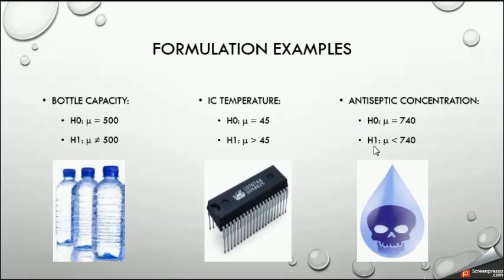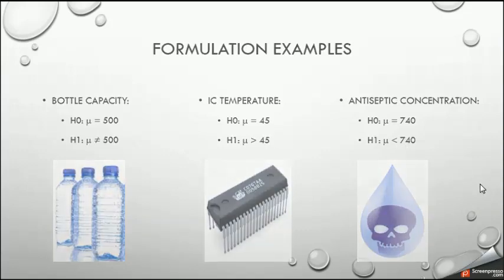We are worried if the concentration of this antiseptic will sometimes be below this value. So we write H1, the alternative hypothesis, that the mean value of the concentration is below 740. This is also called a one-sided hypothesis due to the less-than sign in the alternative hypothesis.